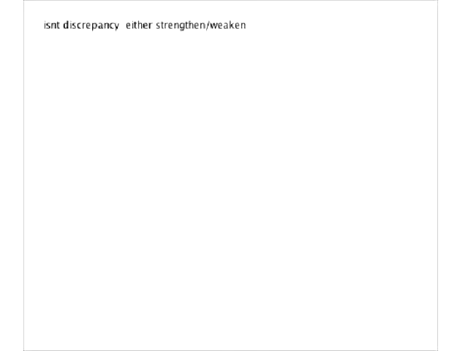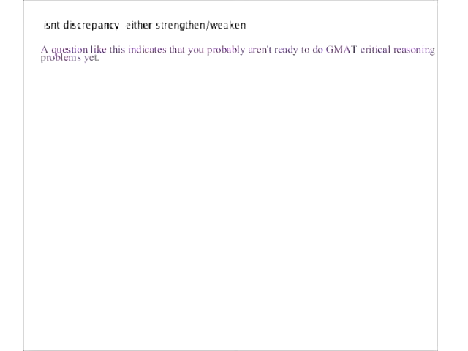A question like this indicates that you probably aren't ready to do GMAT critical reasoning problems yet, because this kind of question means that you don't really know what you're doing. And if you go through a question and you're not even really sure what you're supposed to do, you're just wasting the question.